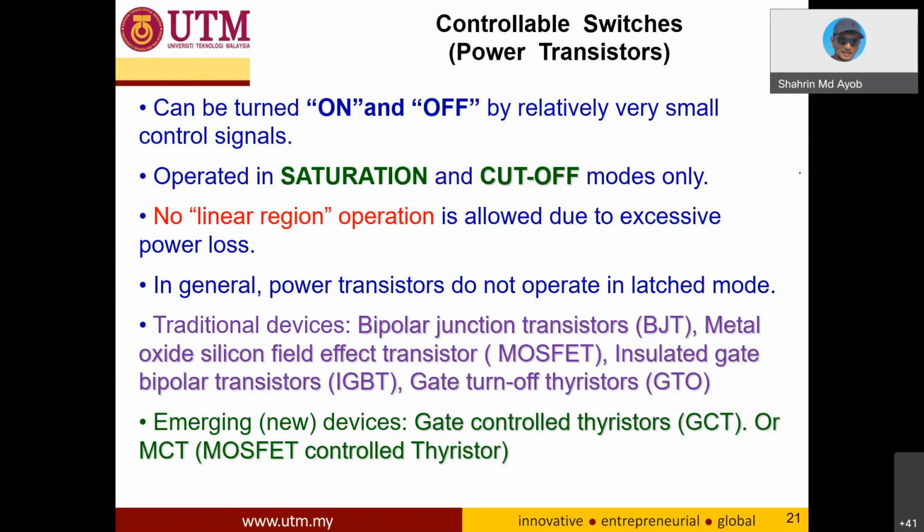But usually for power electronics, due to cost, the MCT and GCT are very, very expensive. So in our research at UTM, we usually just use MOSFET or IGBT, because they are cheap compared to other transistors.